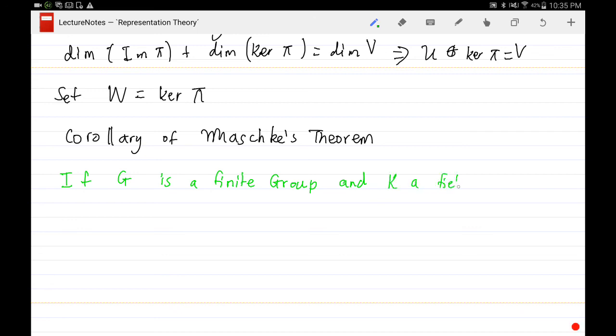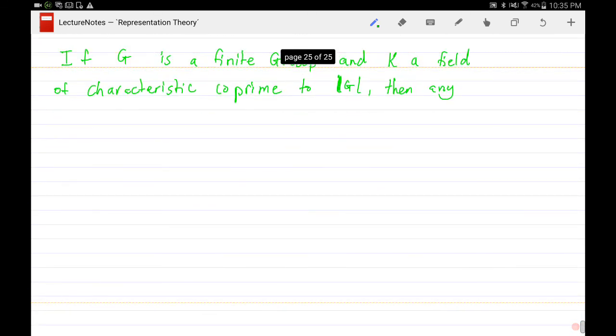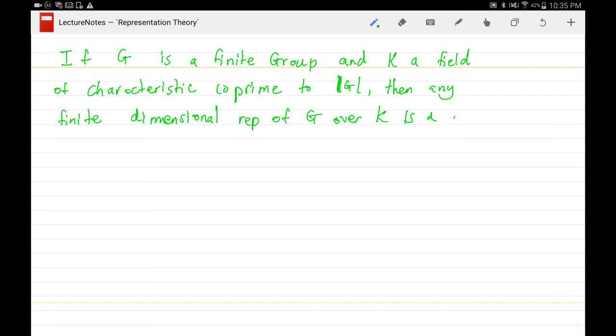And K a field, again of characteristic coprime to the order of G, then any finite dimensional representation of G over K is a direct sum of irreducible representations.